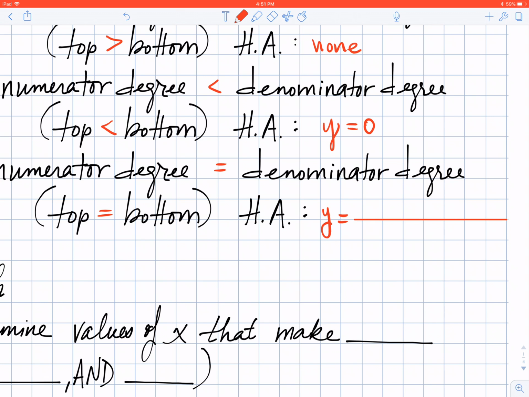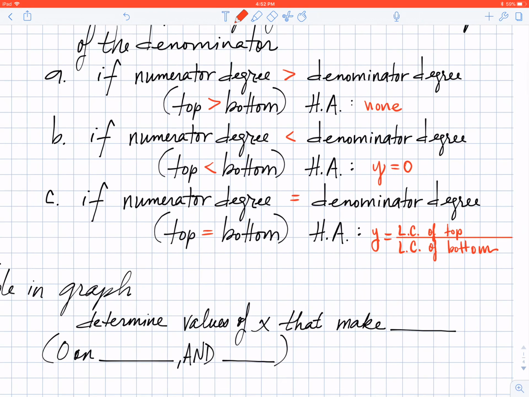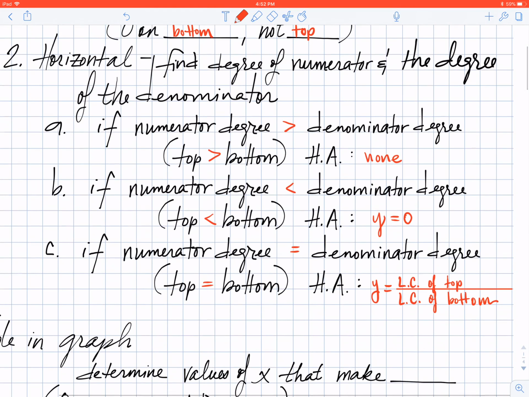The top of my fraction will be the leading coefficient of the top divided by the leading coefficient of the bottom. And that's how you'll find your horizontal asymptotes.